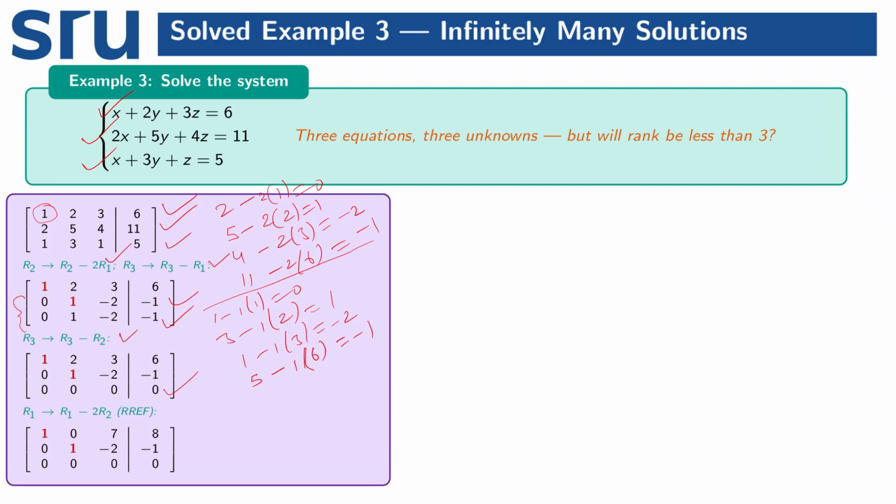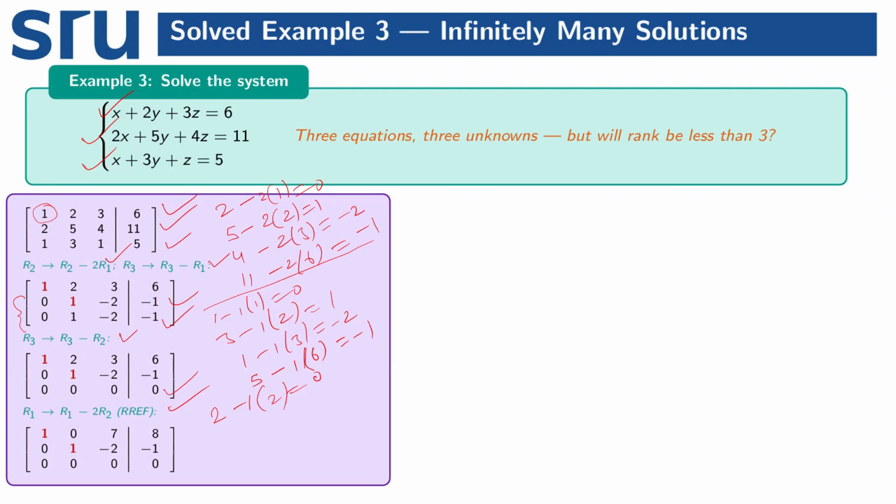Apply the operation row 1 changes to row 1 minus 2 times R2, and solve it. We are subtracting 2 times row 2 from row 1, so it will become 2 minus 1 times 2 equal to 0.